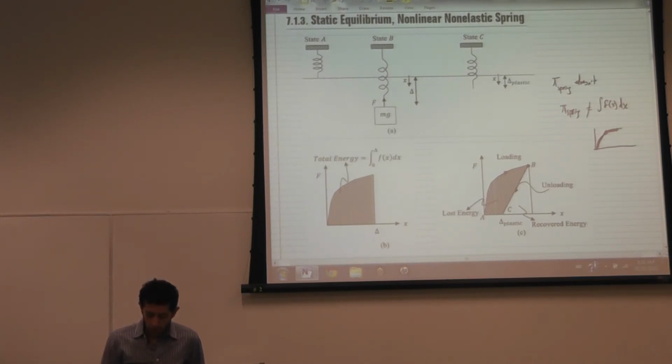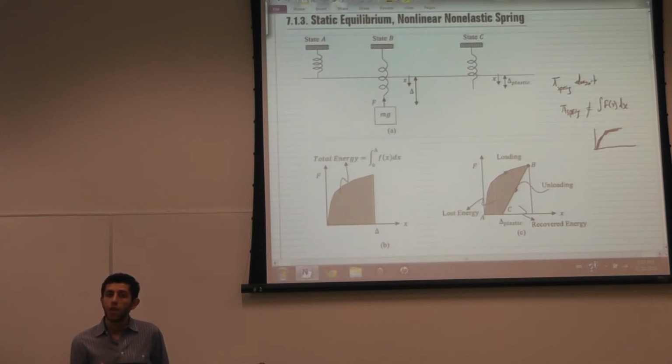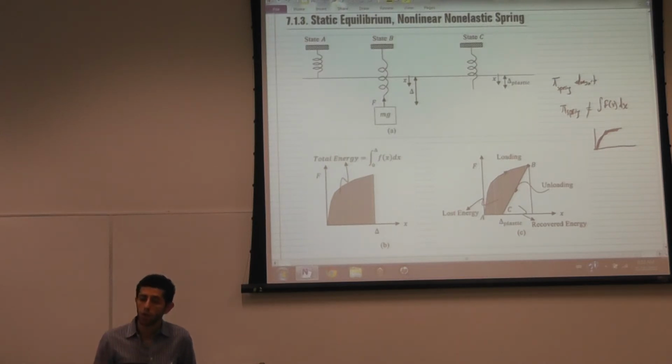So, for example, for this particular case, as I load and then unload the spring, there is some change in the internal structure, and the spring does not go back to its original position. From a structural point of view, there's usually some damage inside that spring, because next time I load it, I have a different behavior.